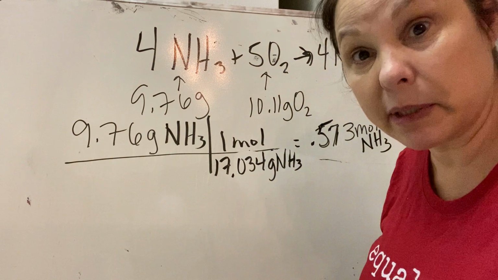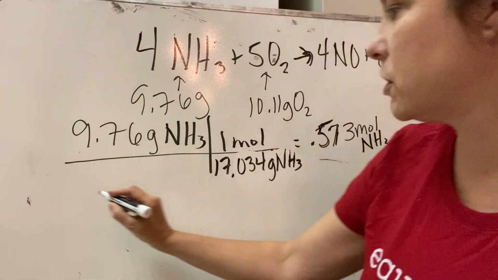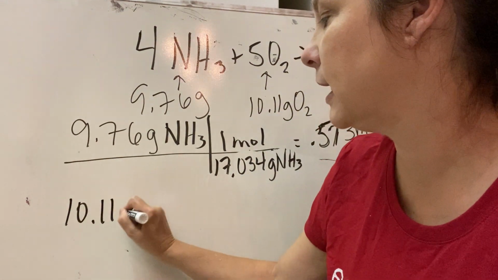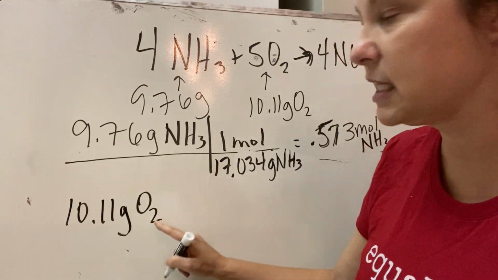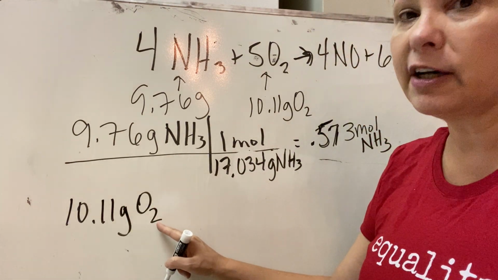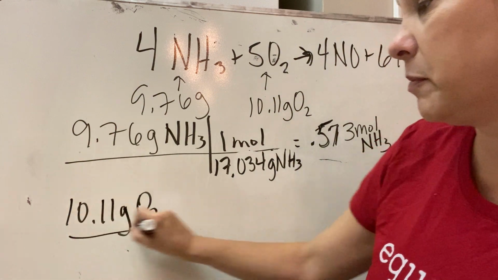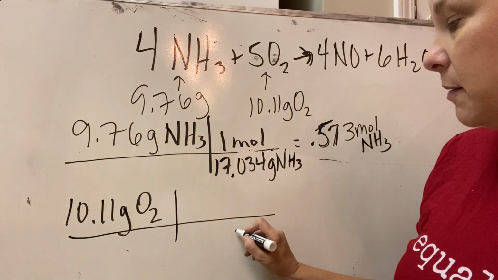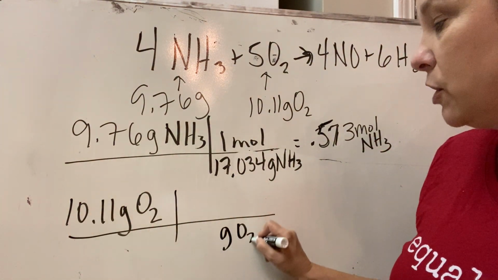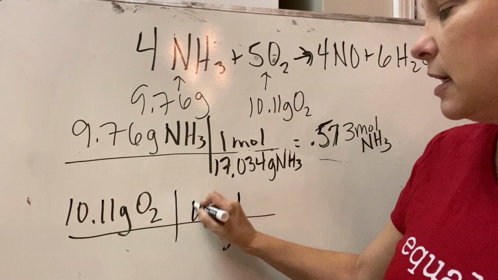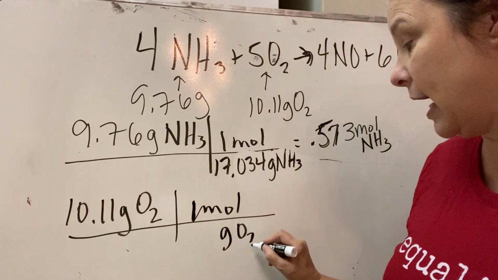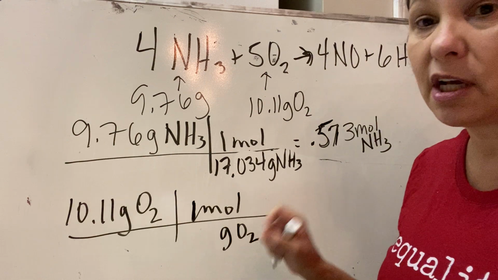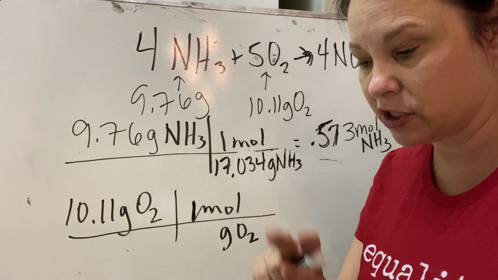Now let's figure out how many moles of oxygen we have. We're told we have 10.11 grams of oxygen. Please don't forget that that's a diatomic. Therefore, when you get its molar mass, because remember, the way we convert grams into moles is we use its molar mass, you have to remember to add up 2 oxygens, not 1, 2 oxygens.